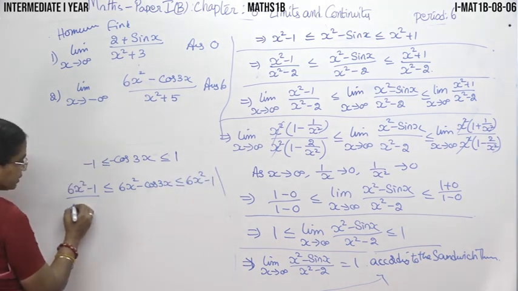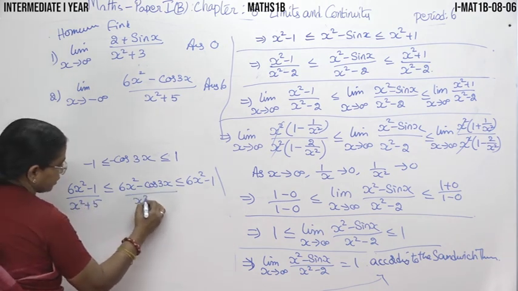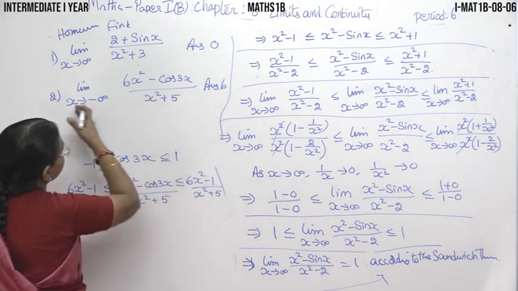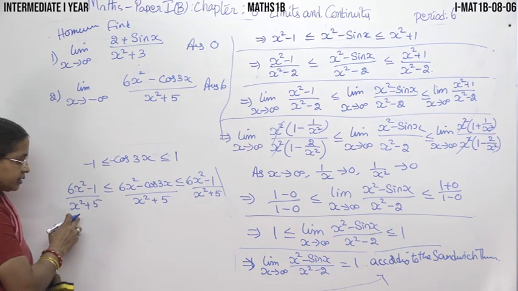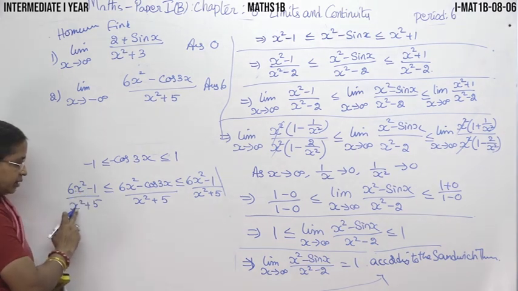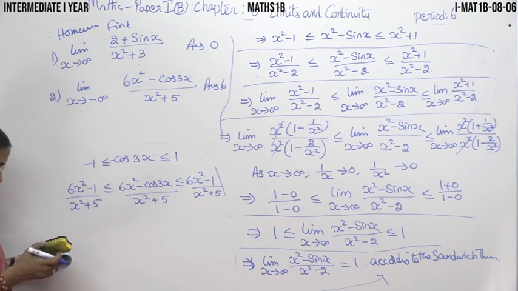Then divide by x square plus 5. Now apply limit x tending to minus infinity. Take x square common. Then it is 6 minus 1 by x square over 1 plus 5 by x square. 6 you will get. Here also you will get 6. So you can try these problems.